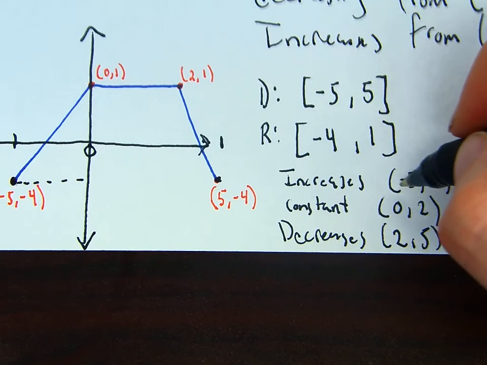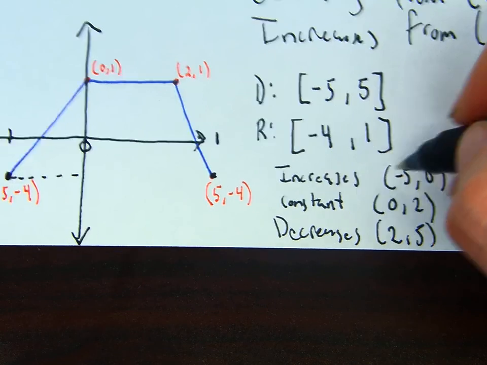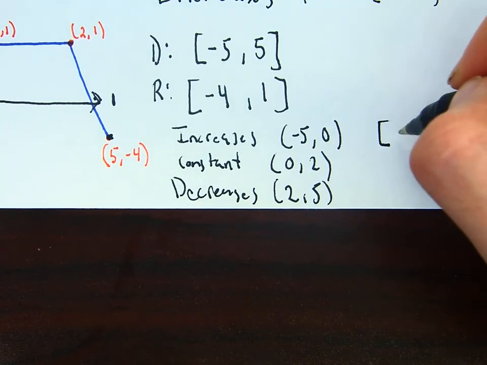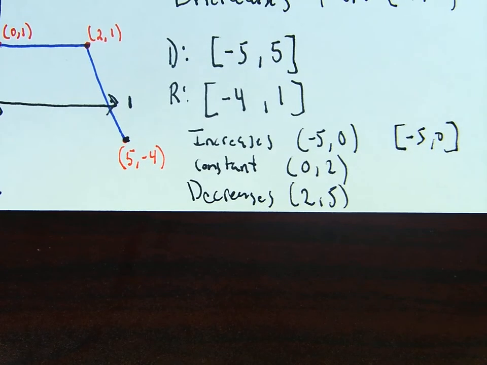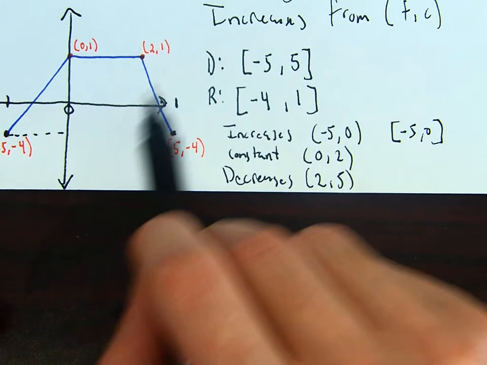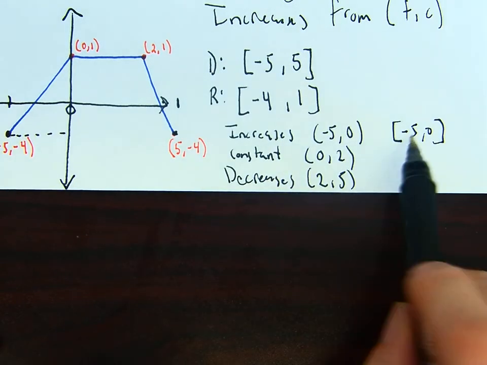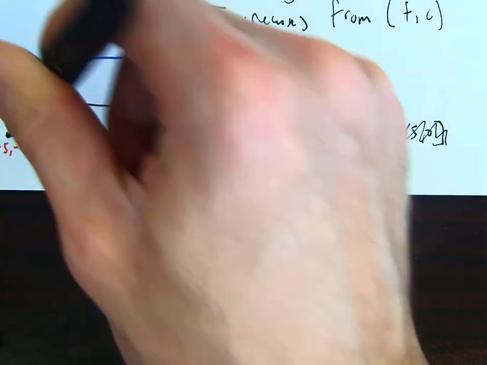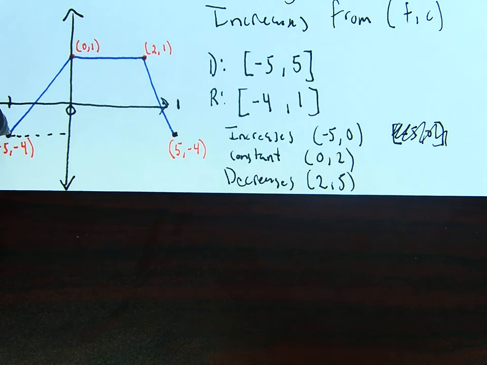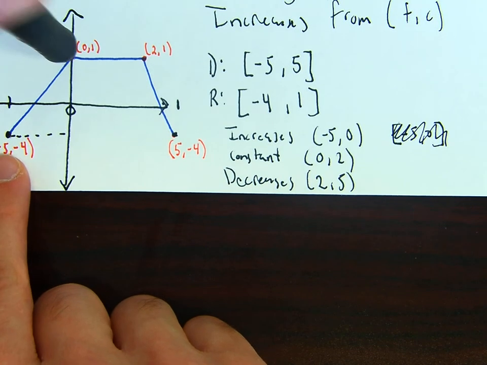I think in class, if there's a confusion of why these aren't brackets, maybe there might be a confusion of why isn't it like this, right? Because here, notice that when we talk about domain, we're talking about whether we have it or not. But for the interval of whether it's increasing, notice that at the point -5, it's neither increasing nor decreasing at this point, nothing is happening.